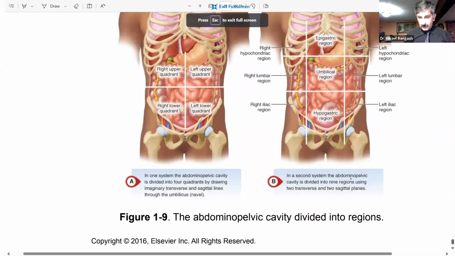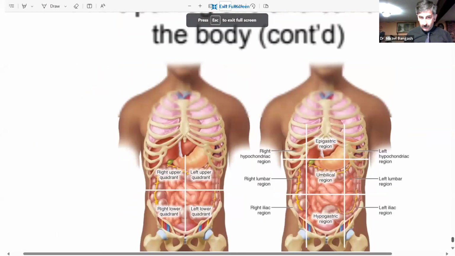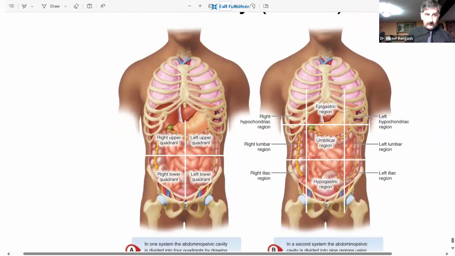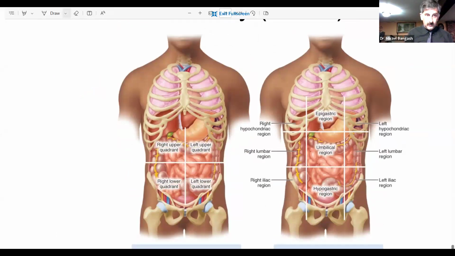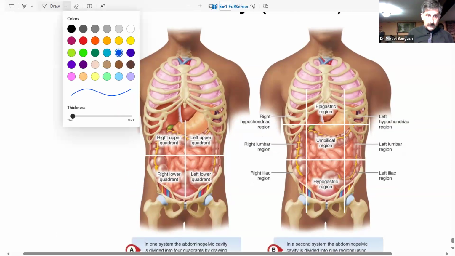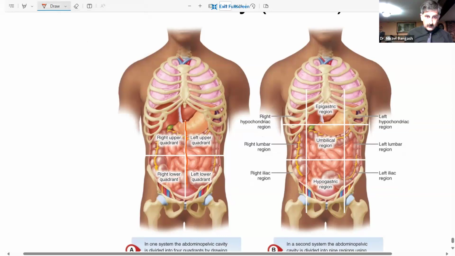If we just look at this, this was your mid-sagittal plane. This was the transverse line. So what are we going to have in the left upper quadrant?